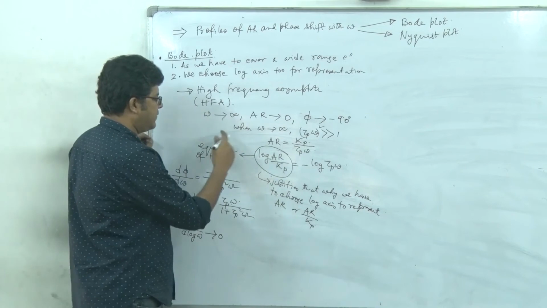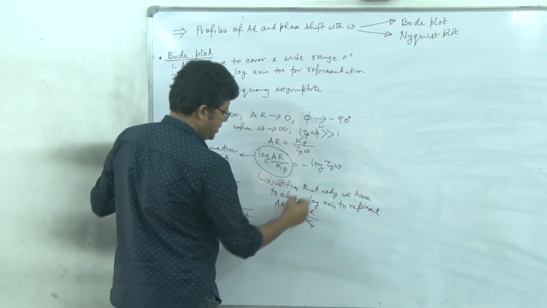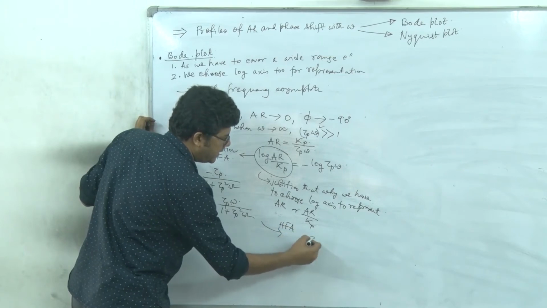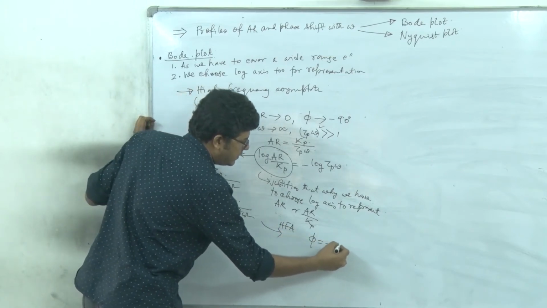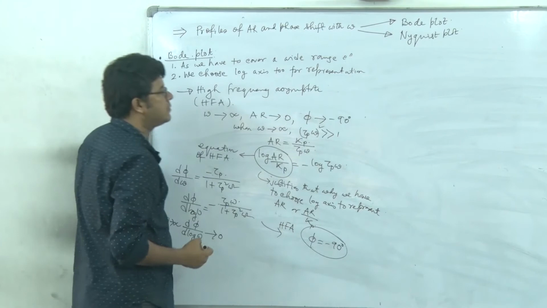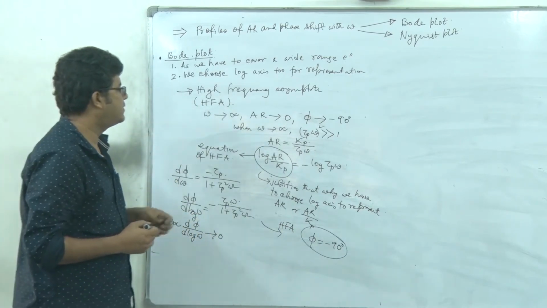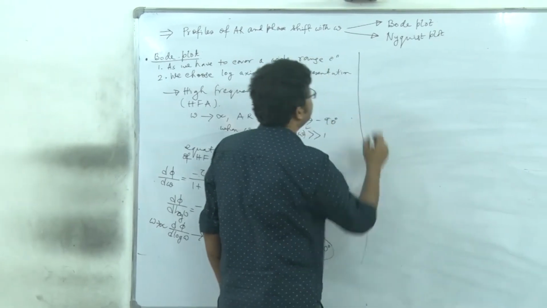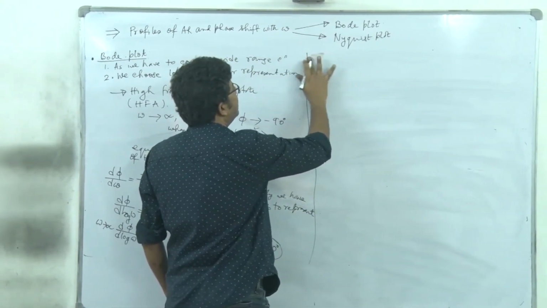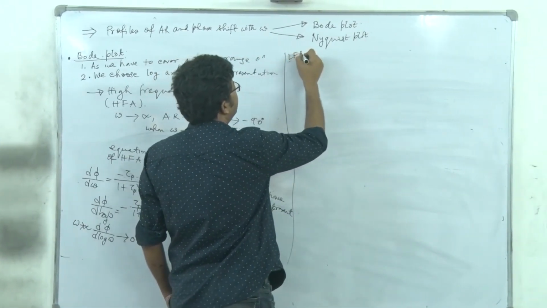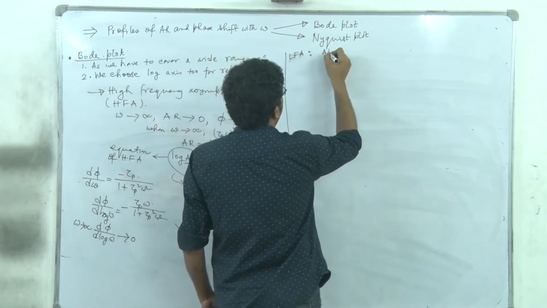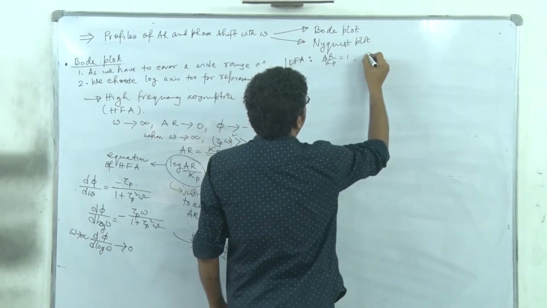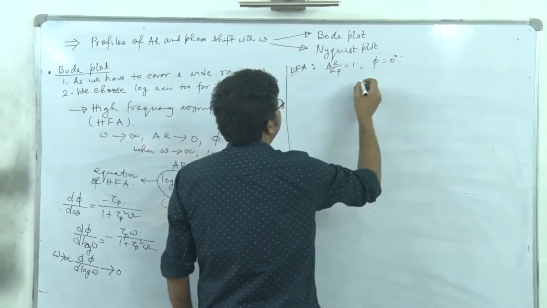So this is the high frequency asymptote for amplitude, and we can have another high frequency asymptote for phi, as phi is equal to minus 90. Right? So if I summarize what we have got: the low frequency asymptote, AR by Kp equal to 1 and phi is equal to 0.